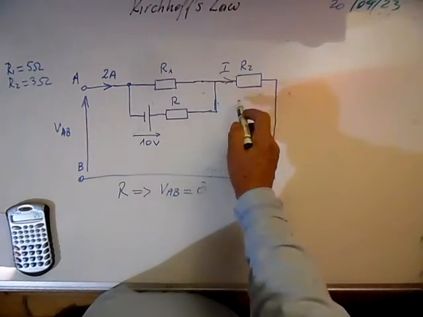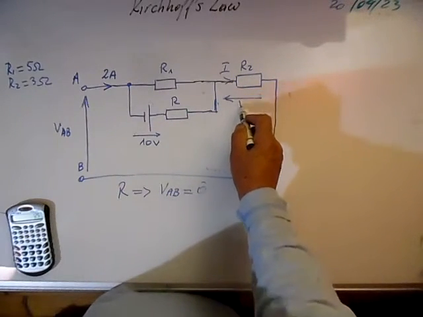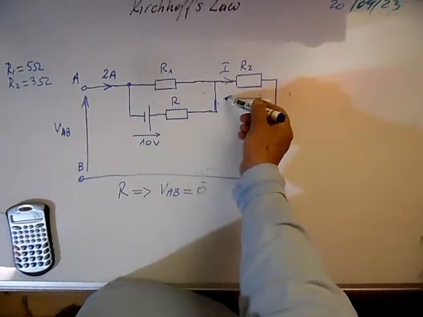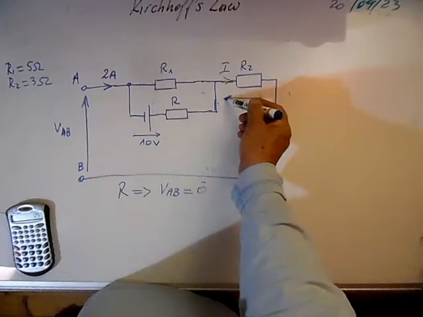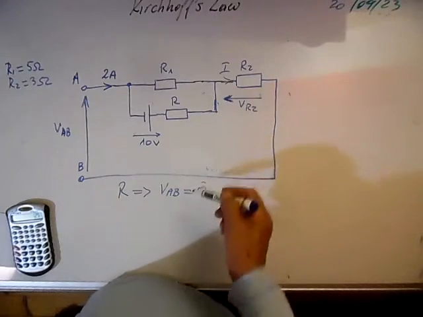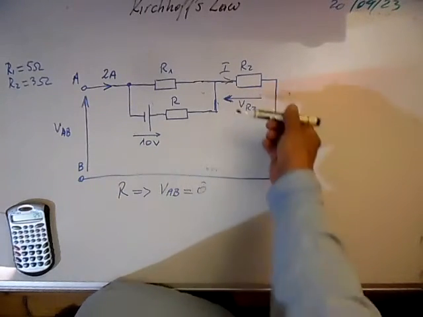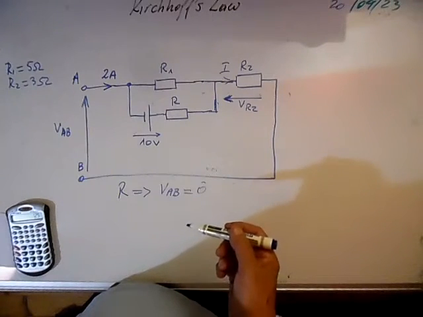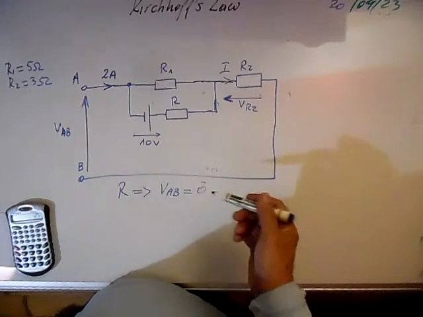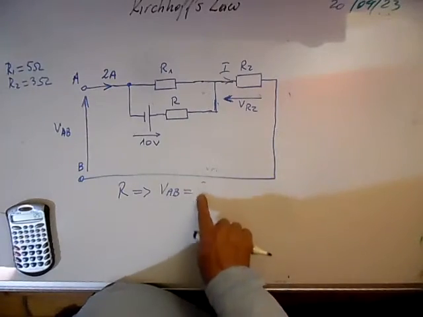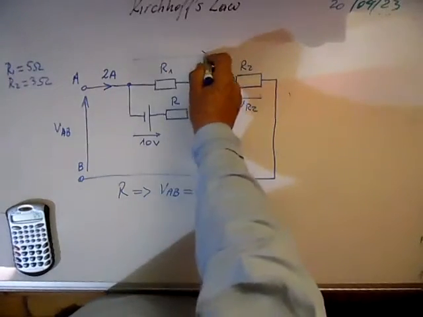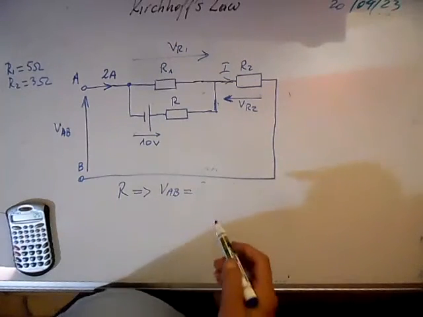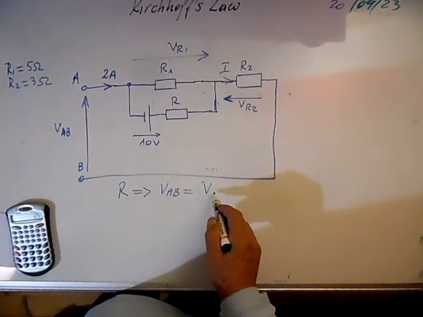Because it flows in this direction, we have VR2 in this direction, because this will show the highest potential, and VR2 we can draw it like this. And now if we want that VAB, which is VR1, should be in this direction, if we want to have VAB equals to 0.